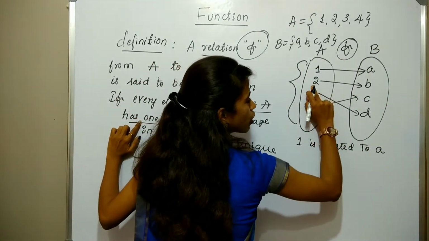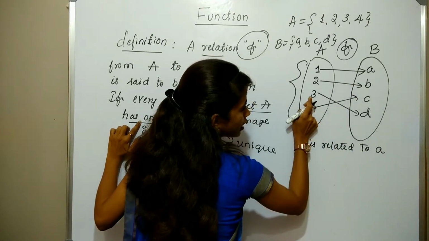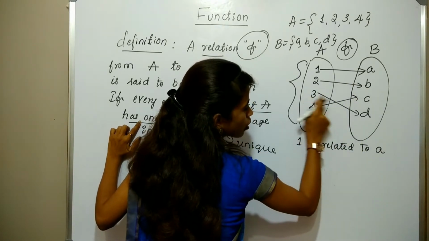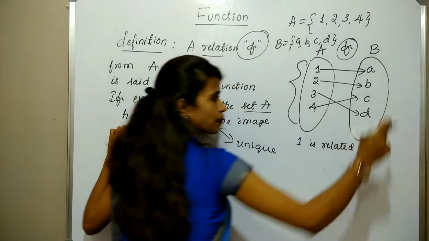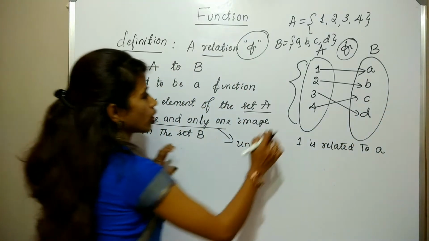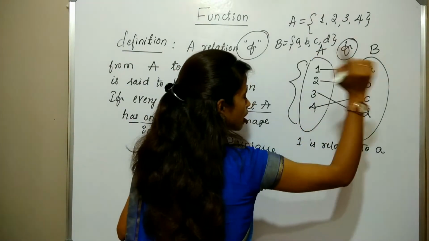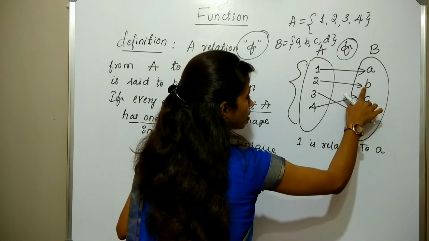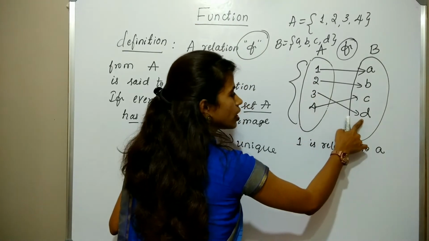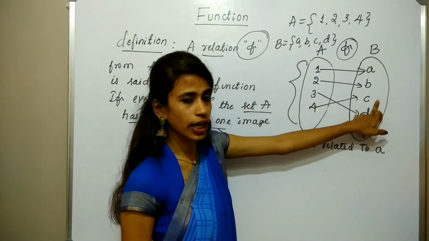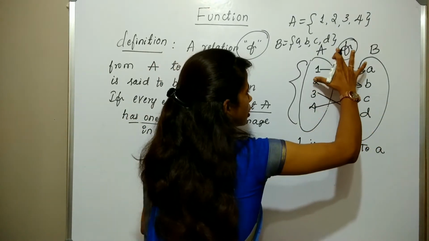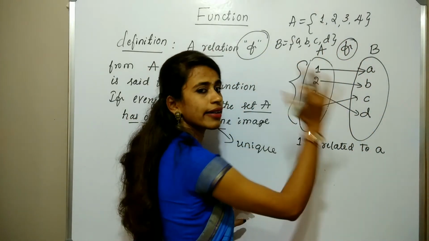The image of 2 is b, the image of 3 is d and the image of 4 is c. So 1 has only one image, namely a. 2 has one and only one image, namely b. 3 has d and 4 has one and only one image, that is c. Therefore this relation is clearly a function.